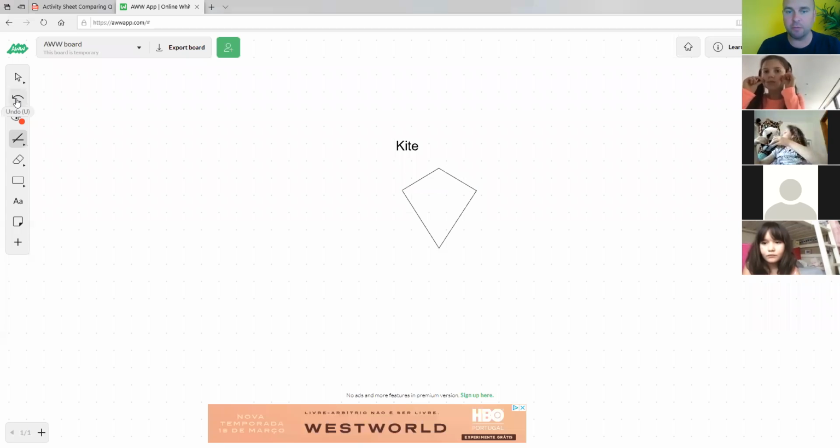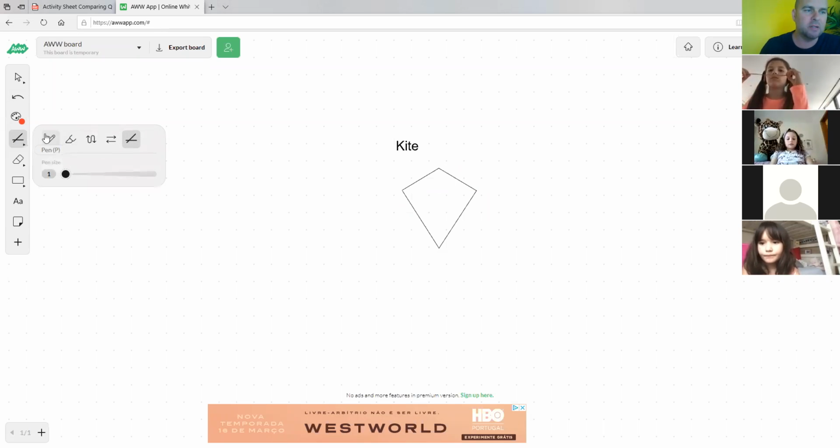They look like a kite. Right, what else does a kite have? It also has these angles here. These opposite angles here are equal.